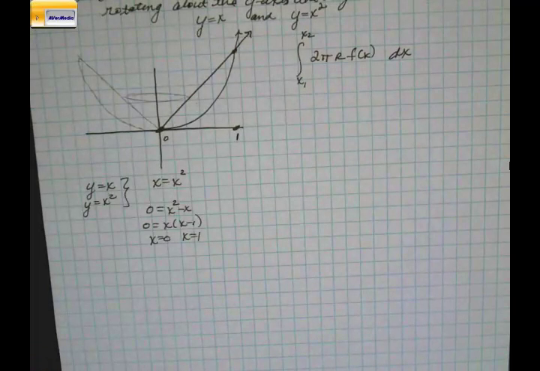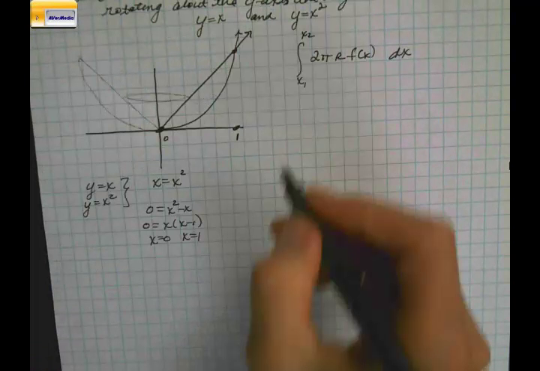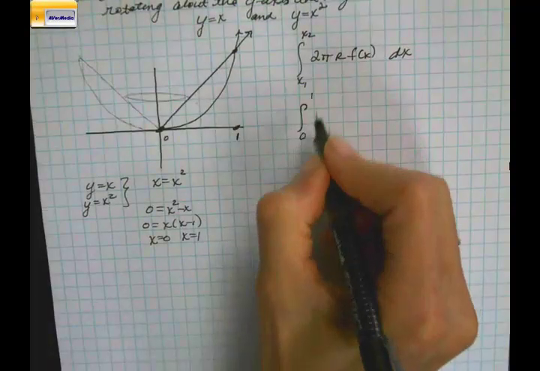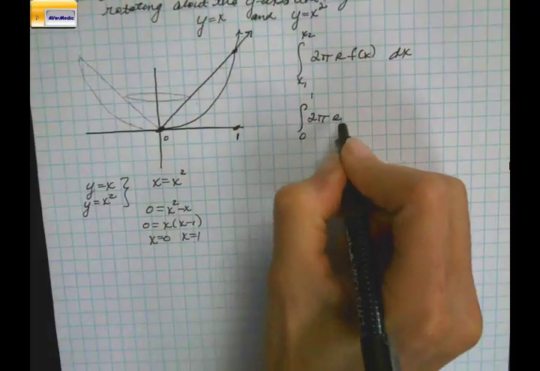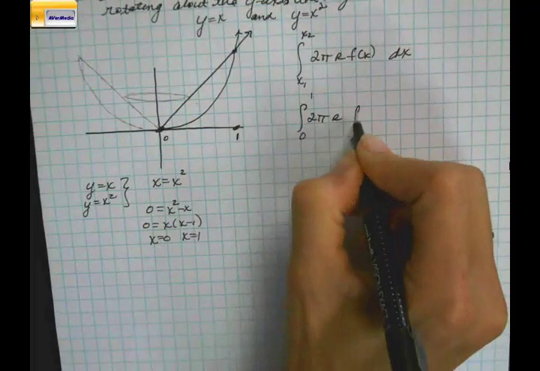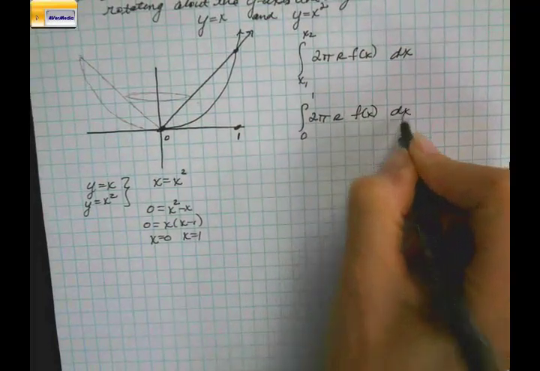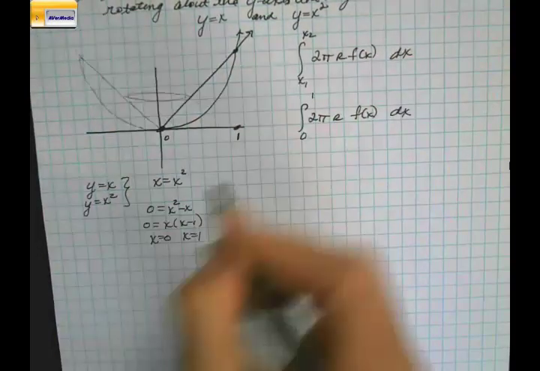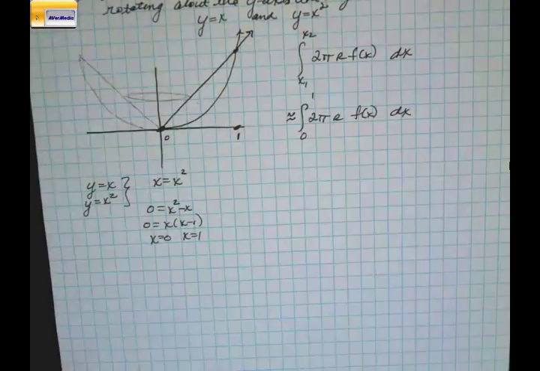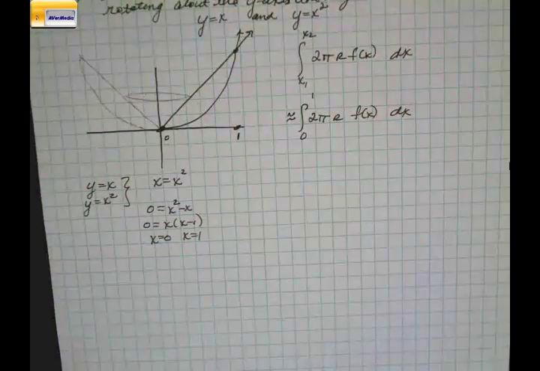It's intersecting over here at 1. So our upper and lower limits for our integral are going to be from 0 to 1, of 2 pi r, and r is probably going to end up being x, f of x dx. Slowly but surely we're coming up with this integral.